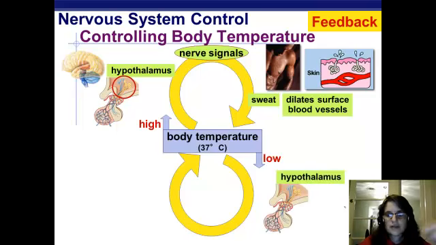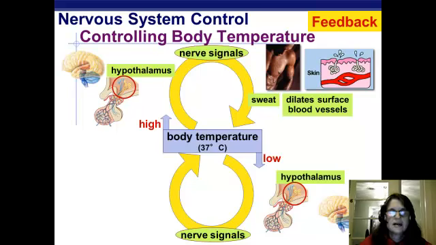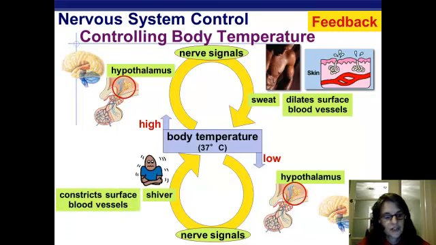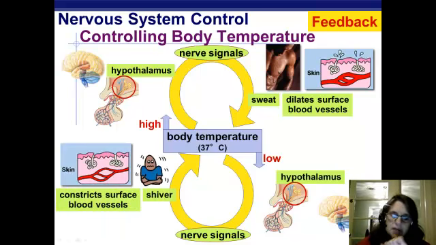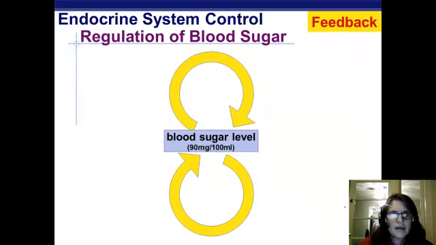But if your body temperature gets too low, again, the hypothalamus is going to monitor that, send nerve signals that will cause you to shiver and constrict those blood vessels so that you can keep that heat inside your body at the core to keep your organs warm and all of that. That's something you should remember from the beginning of the year.